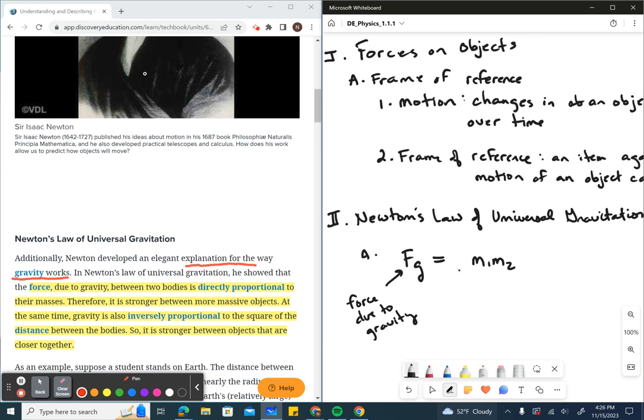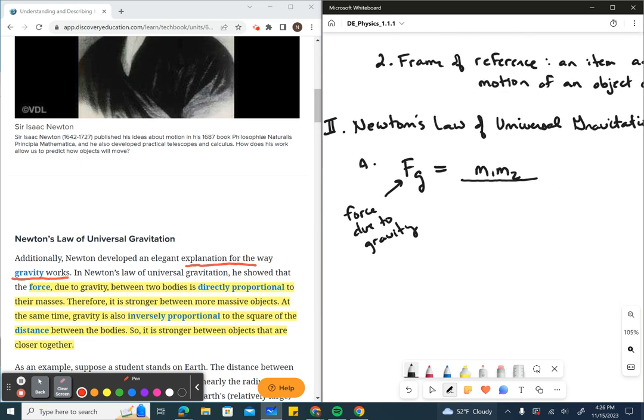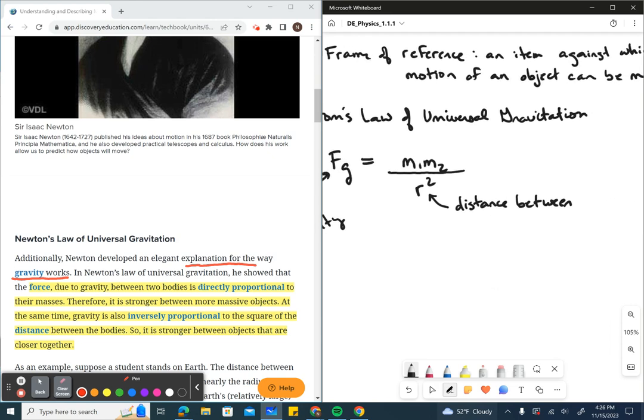And it is inversely proportional, so we're going to write a fraction, to the square of the distance between the bodies. So over r squared. This would be the distance between both objects, and this would be squared.